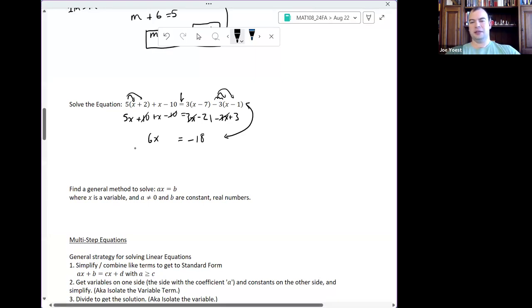And that's the whole idea of doing these equation solving steps. And so if 6x is -18, we know that we need to divide both sides by 6 to get x equals -3.